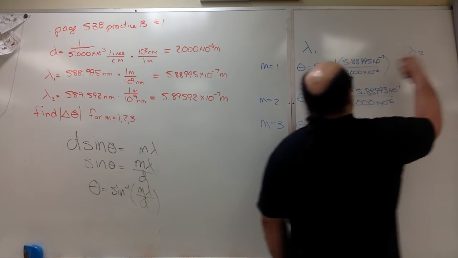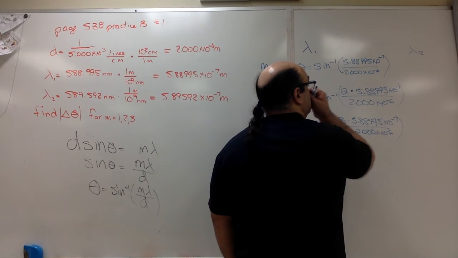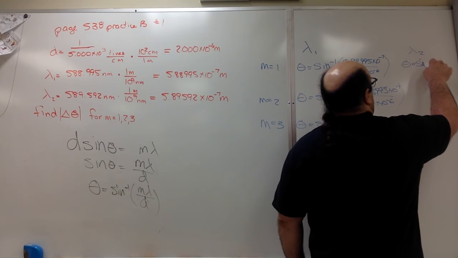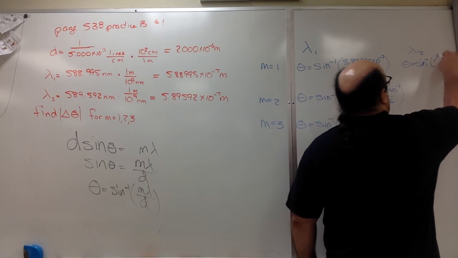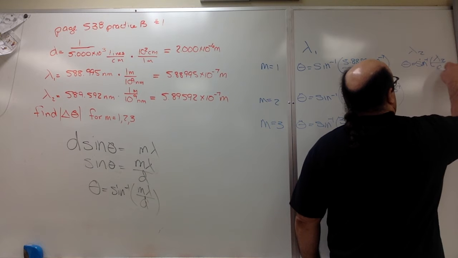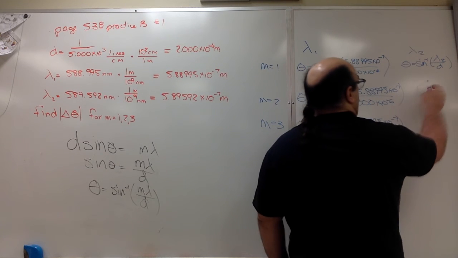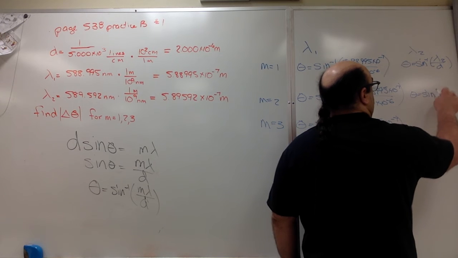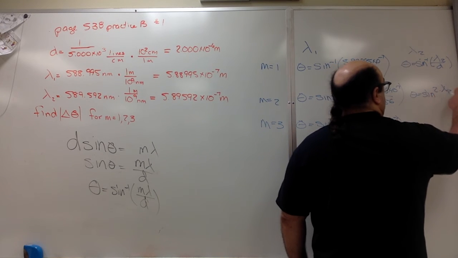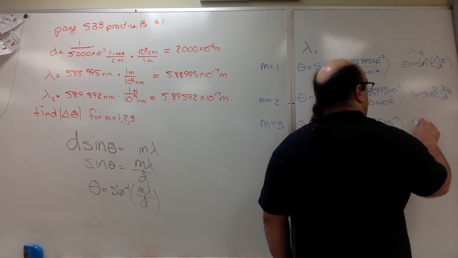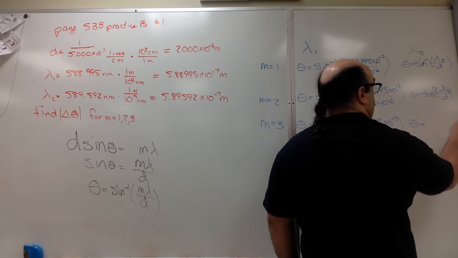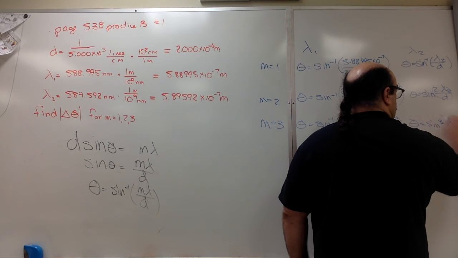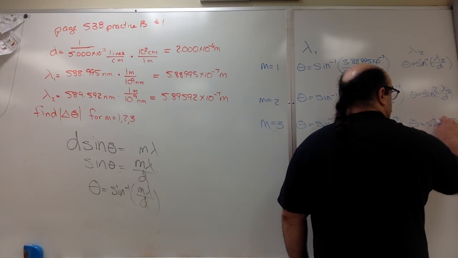For theta 2, it's the same thing, using lambda 2 over d. Same thing, except now theta must equal the inverse sine of 2 times lambda 2 over d, and this one, theta, must simply equal the inverse sine of 3 times lambda 2 over d.